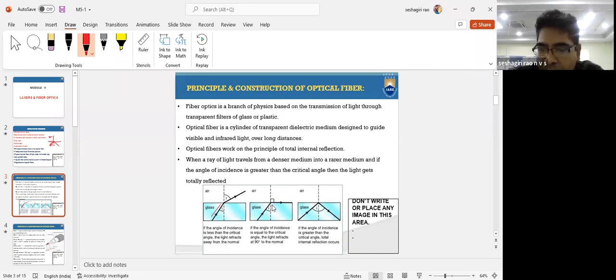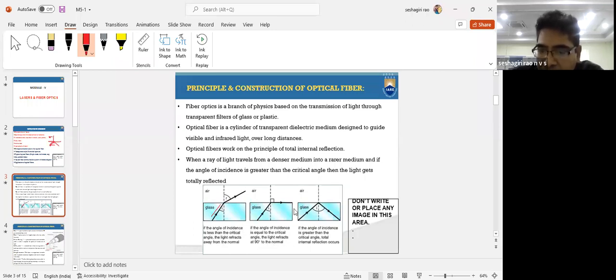So this is your angle of refraction here, observed in the rarer medium, right? Here the refracted ray is making 90 degrees with the normal. So that means if the angle of incidence is equal to the critical angle, the light refracts at 90 degrees to the normal, right?